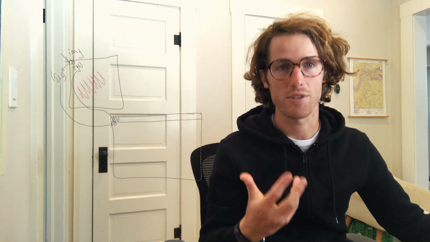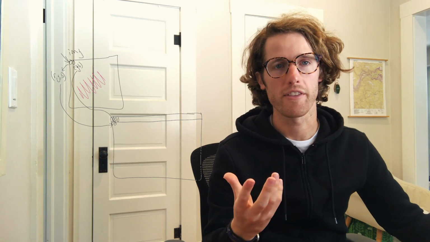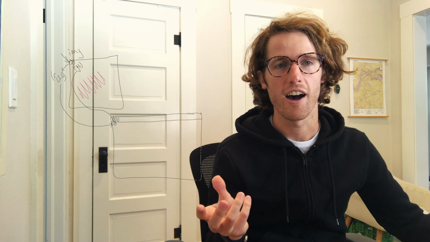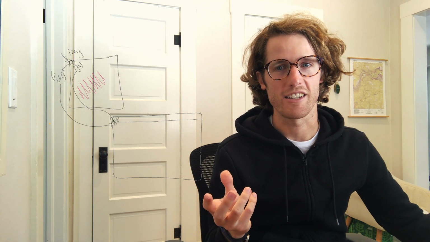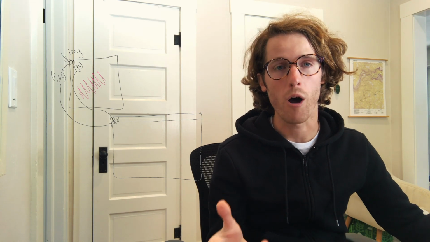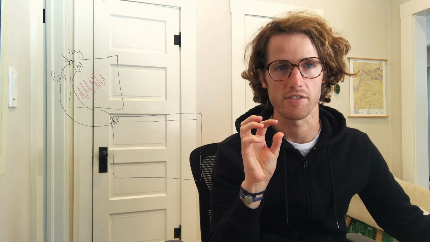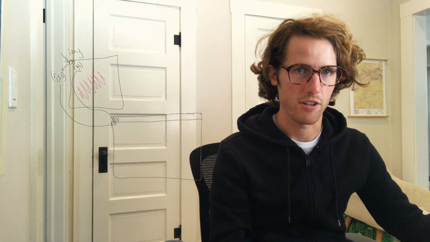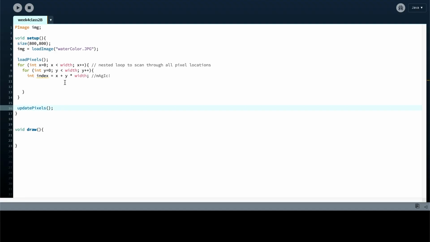What this is going to allow us to do is, now that they're all in there, we can start to mess around with the pixels like we've done in previous lectures, and be free to manipulate this image in any way we want because we extracted all these color values. So let's go ahead and see how that's going to look in code.